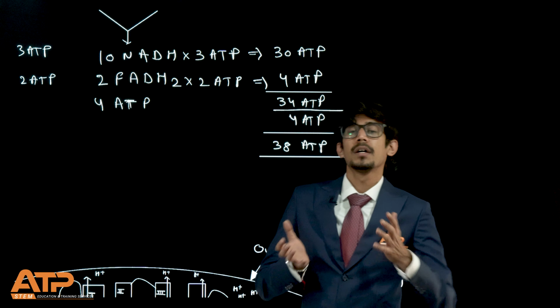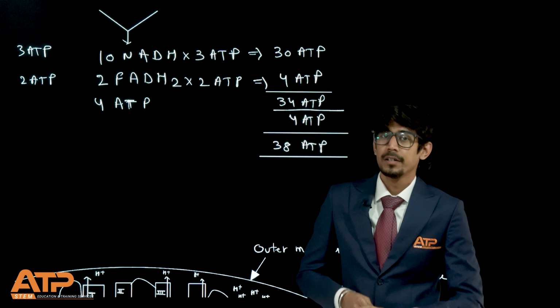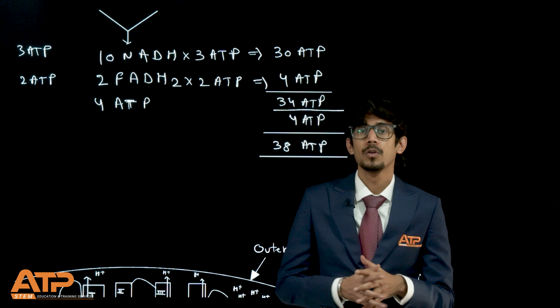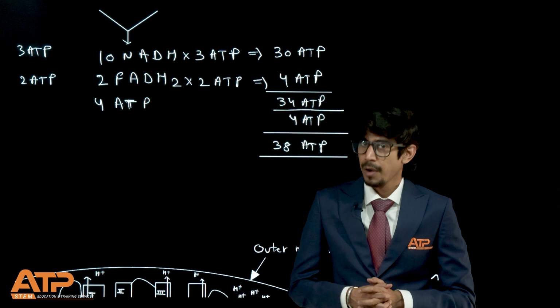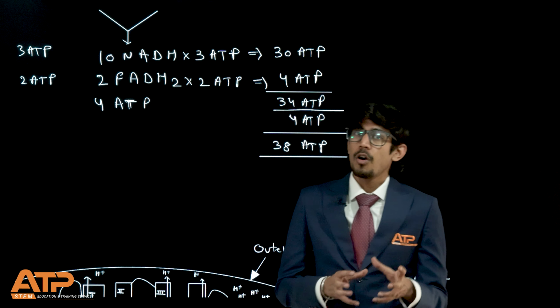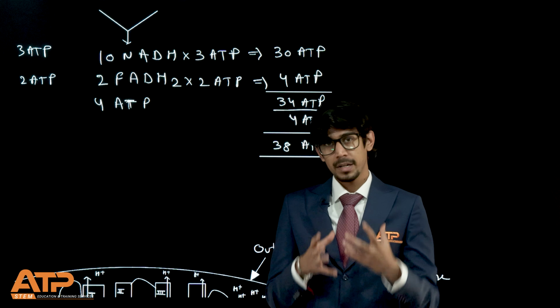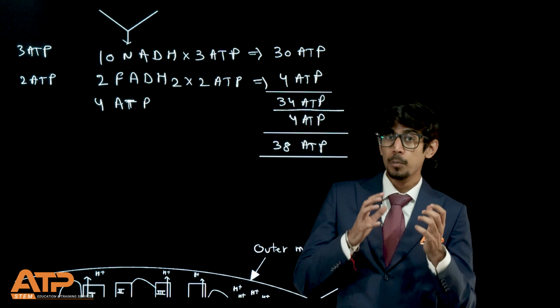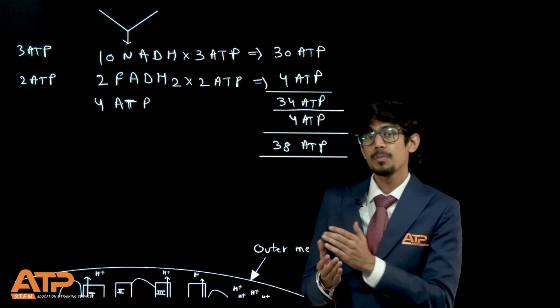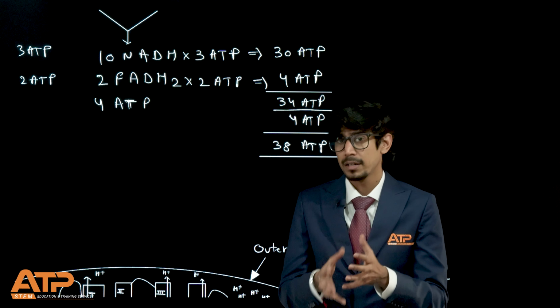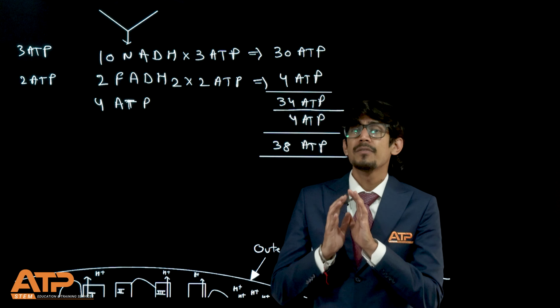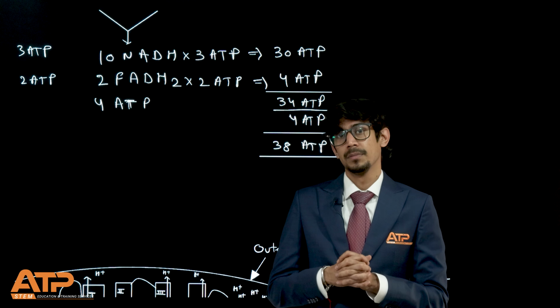So we got all the 38 ATPs from what? From one molecule of glucose. Fine. So I hope this electron transport system was clear, how electrons move and how they result in energy production, that is ATP production. I hope that is also clear. With this, we have completed aerobic respiration.